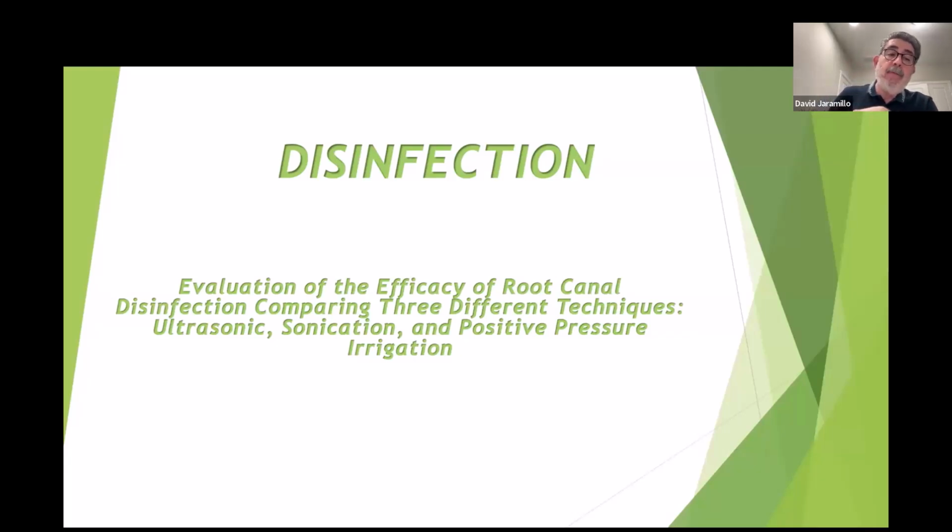So, an evaluation of the efficacy of root canal disinfection comparing three different techniques: ultrasonic, sonication, and positive pressure. As we all know, positive pressure is the most commonly used technique that we normally perform in the office. Some people use sonication, and some others use ultrasonication.